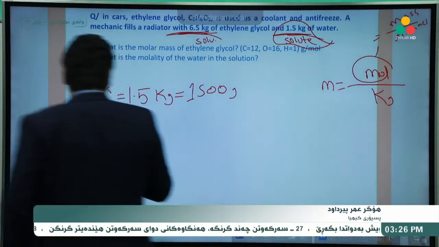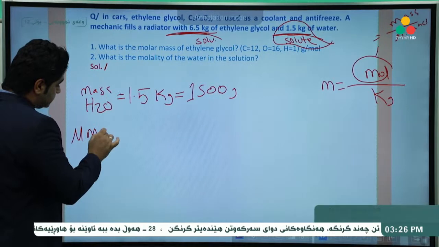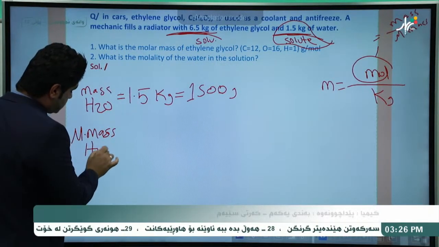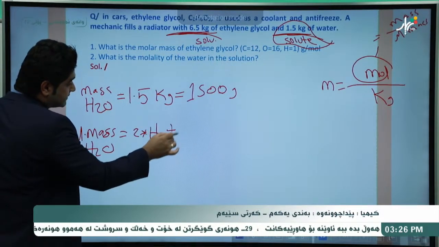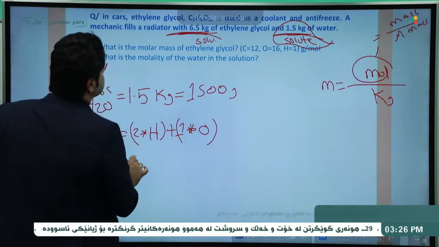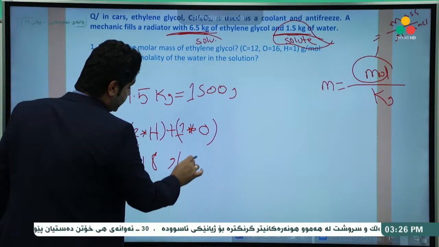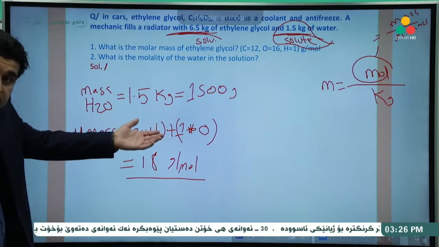It's very easy, because we know that molar mass of H2O is equal to 2 times hydrogen plus 1 times oxygen, and this is equal to 18 grams per mole.